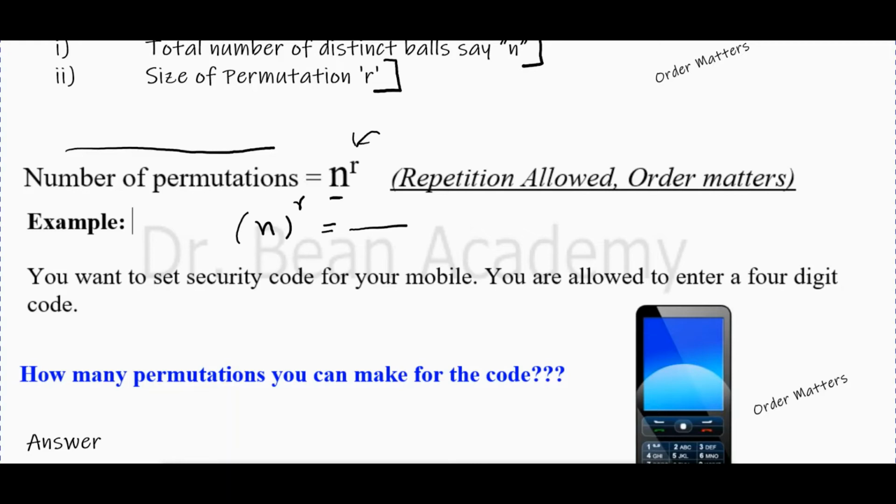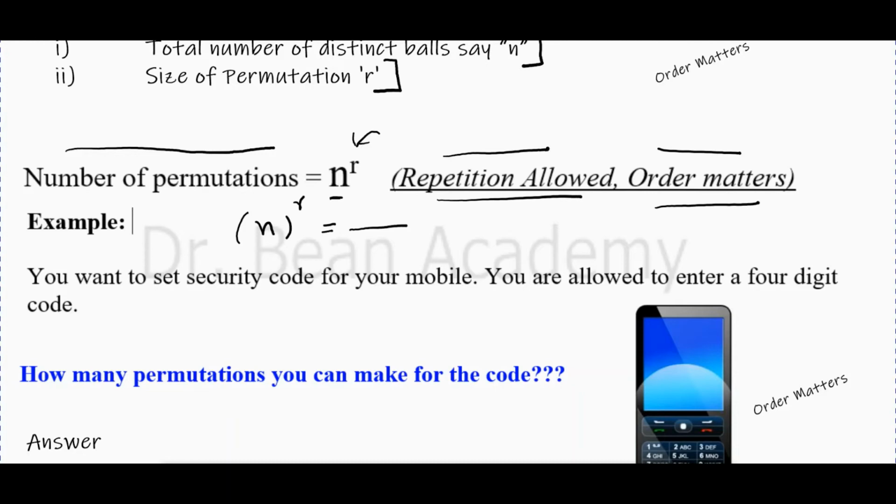And remember, we are talking about permutations, so I have written here that the repetition is allowed and order matters. Remember that there are two categories for each. For the permutations, we need to find if repetition is allowed, and of course if it is a permutation, order matters. So this is the case when repetition is allowed.